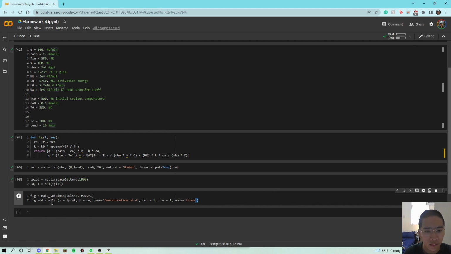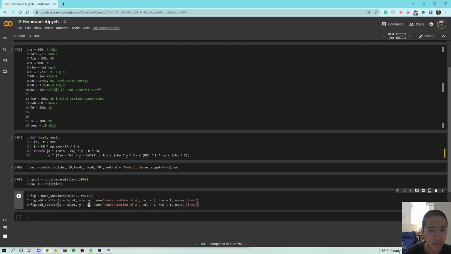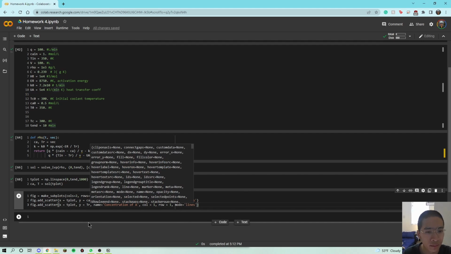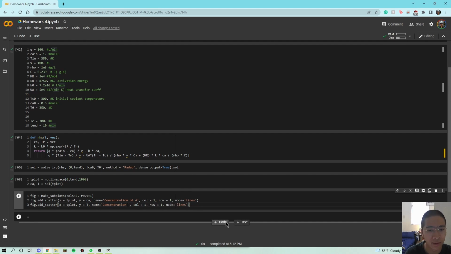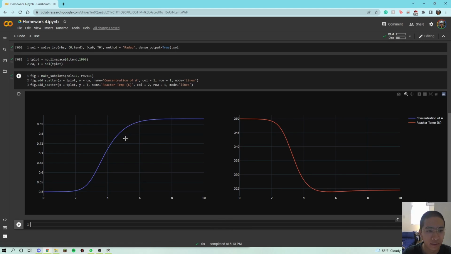All right. That is our first plot. We very simply repeat it and say that this time I want T, the temperature. And I'm now naming this reactor temp, K, in Kelvin. And put this in the second column so they're side by side. And there we go. Perfect.